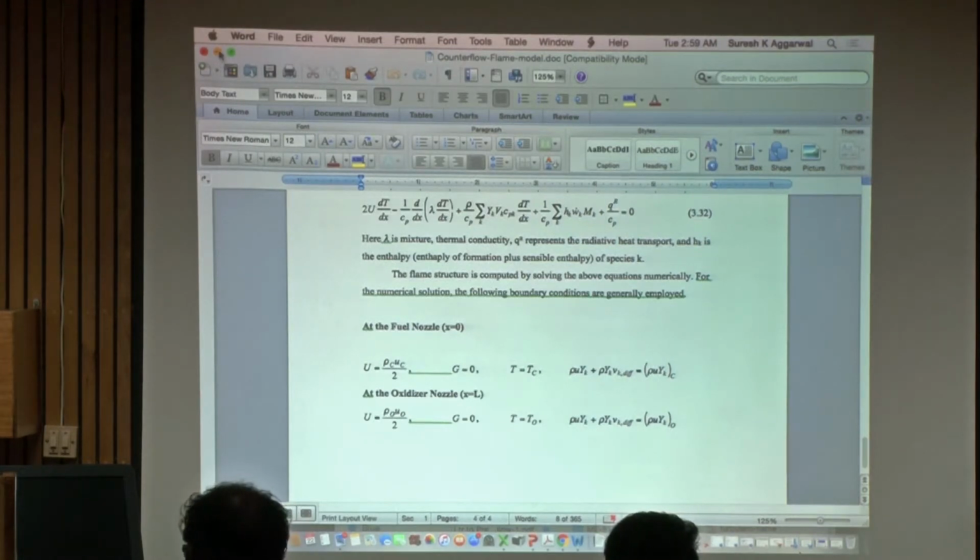So a lot of results have been obtained using this. Okay. For 2-dimensional flames, I showed you the equations yesterday. I'll show it again quickly. So remember I discussed briefly these equations.